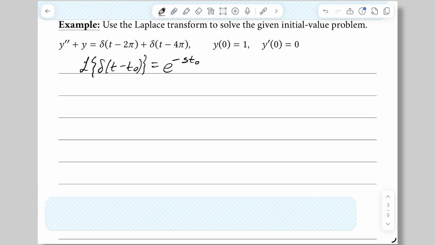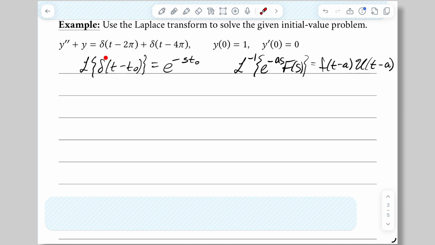Usually when we have a transform, we have an inverse transform. But this one acts a little bit different because remember the inverse Laplace transform of e to the negative as times f of s is equal to f of t minus a times the unit step function of t minus a.